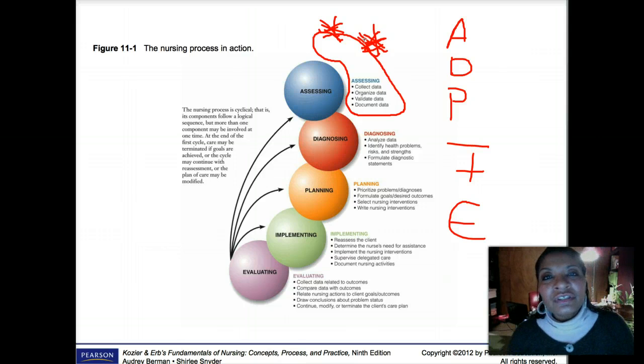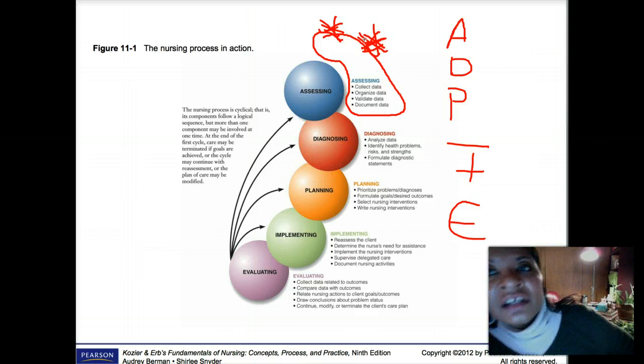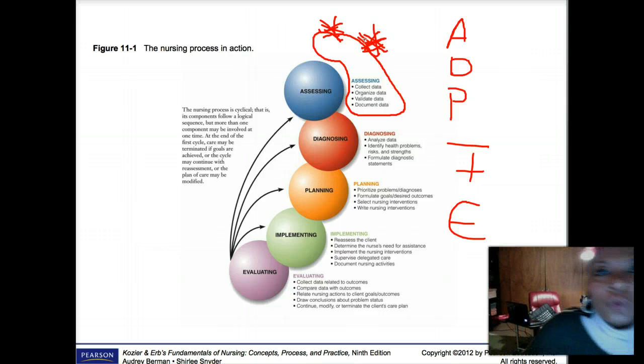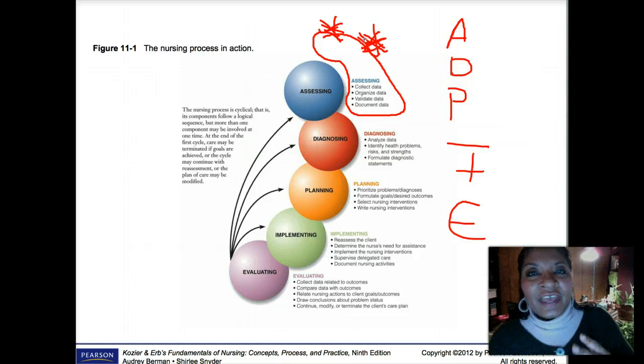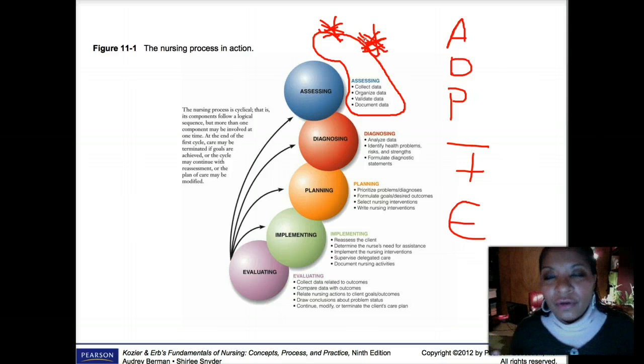A good nurse is a thinking nurse, and a good nurse is thinking all the time. You have a legal, ethical accountability, which we've already learned about through the ANA, through the State Board of Nursing standards, that you're held accountable to, so it's very important that you do it.